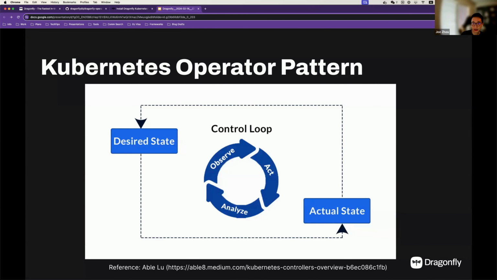Kubernetes provides the ability to scale your services up or down, handle rolling updates or version upgrades, and also manages health checks for your pods. So that's, very briefly, how the Kubernetes control loop works.